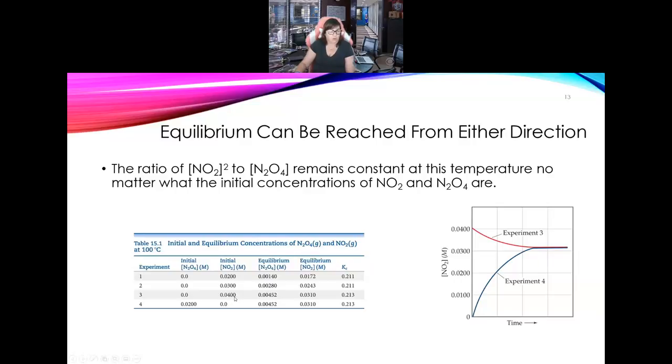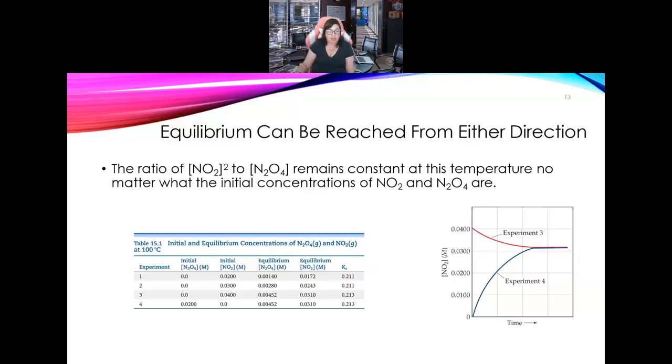And then we wait a little while and we measure the concentration at equilibrium of both the N2O4 and the NO2, so the product and the reactant. And if you look at the amounts that you have, I started with a smaller amount here than here, and I end up with a smaller amount here than here, but the ratio of the two is the same, okay? And that's the ratio that we're going to be talking about for the rest of this class. That's the numerical representation of equilibrium.